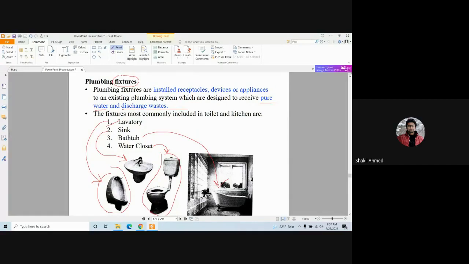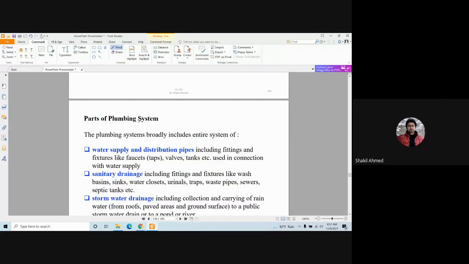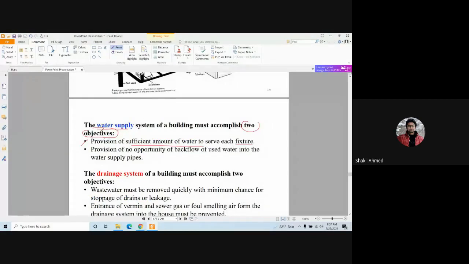Each of them has different water demand for proper functioning. This one needs higher water to discharge. This one needs a bit lower water to discharge. So the water supply system of a building must accomplish two objectives.